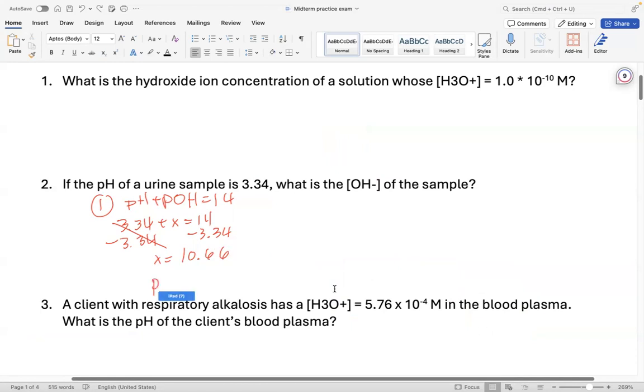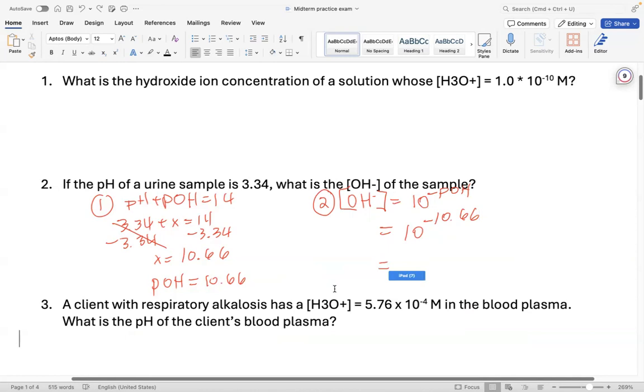All right, so now I have my pOH. Secondly, my second step, I will get OH minus by doing 10 to the negative pH, or I'm sorry, pOH. Let me rewrite this. 10 to the negative pOH, which in our case is 10 to the negative 10.66.